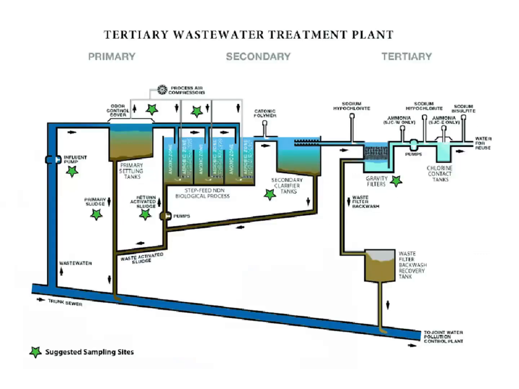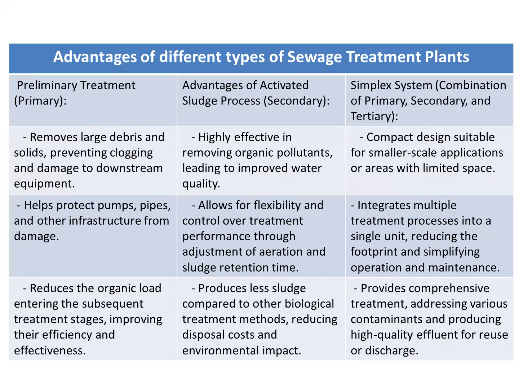Now, this is an example: on the left is the primary, in the middle is the secondary, and the tertiary has all the benefits of the treatment plants. Of course, we have all discussed these systems previously as well. We'll go through the advantages again.